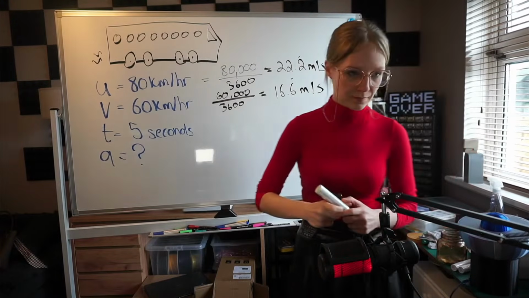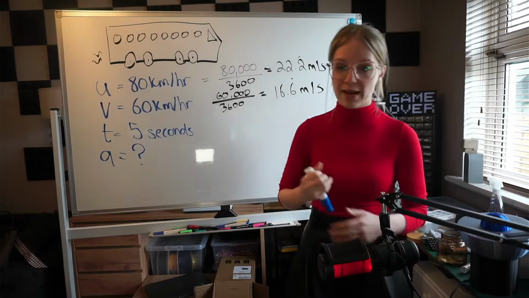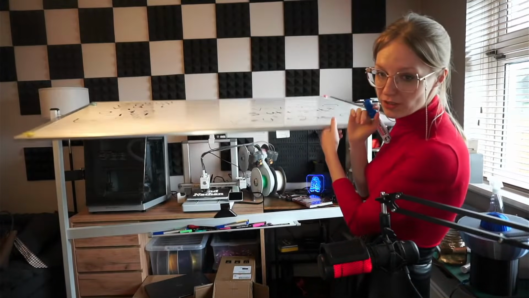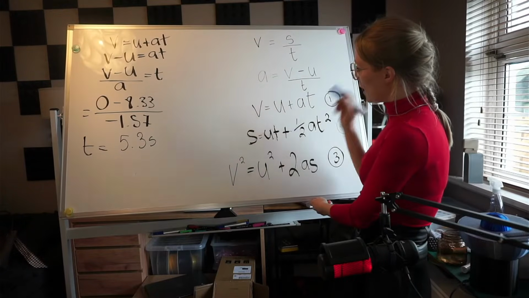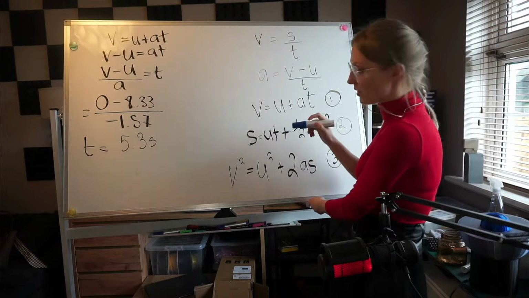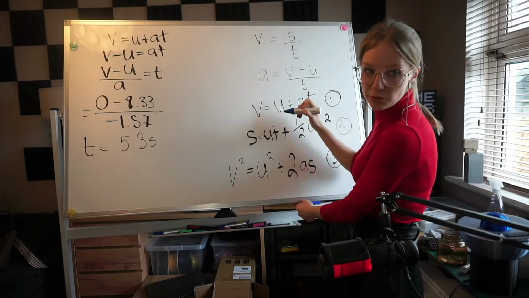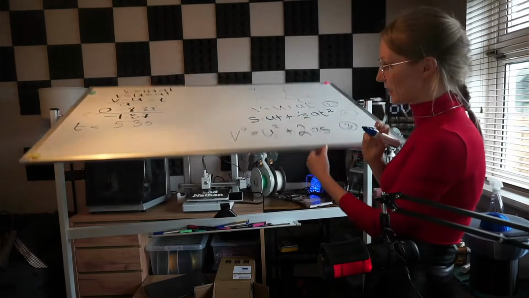Okay. So, as always, especially if you're doing this in an exam or a test, hi Tails, I always recommend just writing out these equations. Listing what you know, listing what you don't know. And it's very clear once you tick everything off. We can tick off here, we have V, we have U, we have T, and we're looking for A, acceleration.